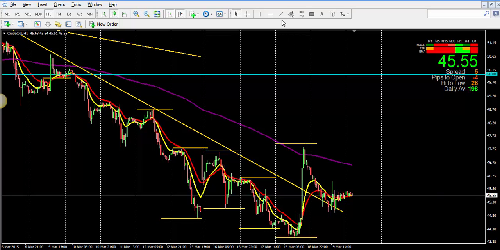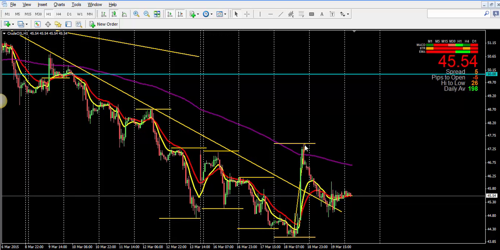Now here's the trading strategy that I feel is what's going to happen. We spiked up. Now you're pulling back towards this trend line, and this is our swing high here.